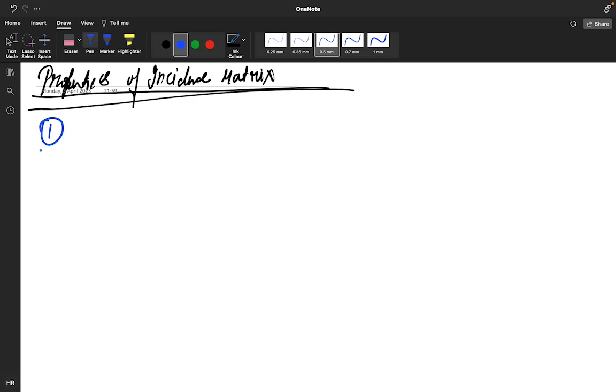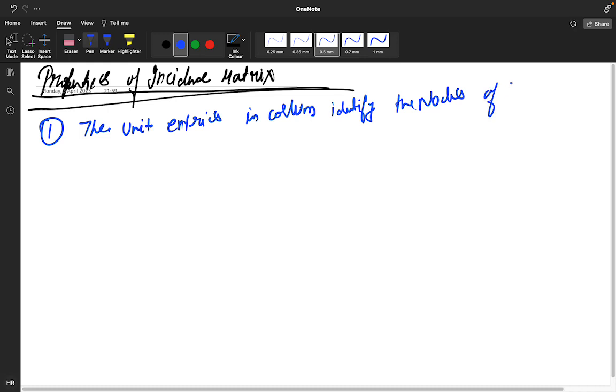The unit entries in a column identify the nodes of the branch between which it is connected.